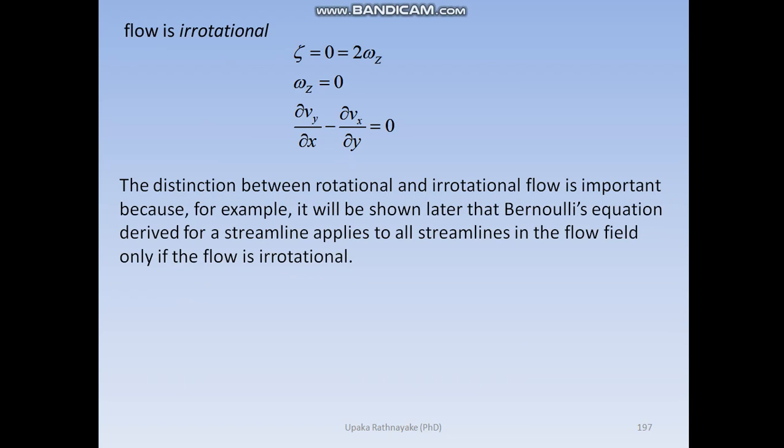We know if the flow is irrotational, then there is no angular velocity. Thus, omega is 0 and the vorticity is 0. Therefore, ∂Vy/∂x minus ∂Vx/∂y is equal to 0. In this module, we are going to work only with irrotational flows.